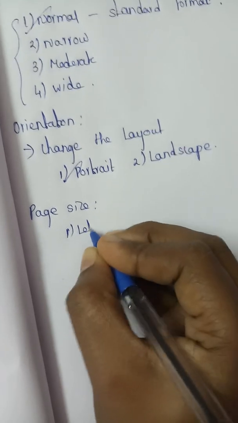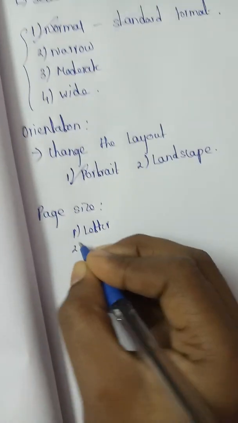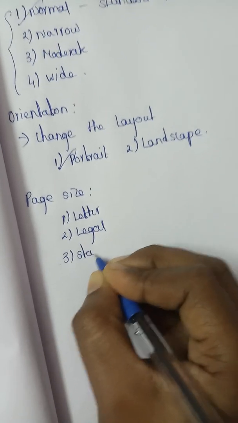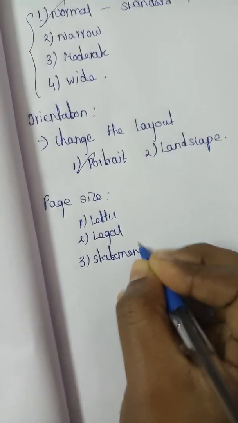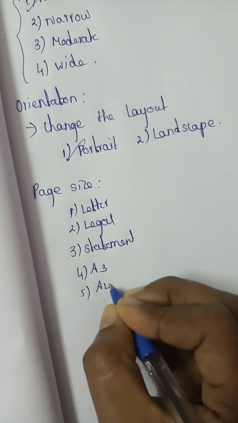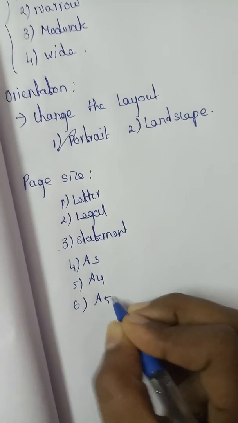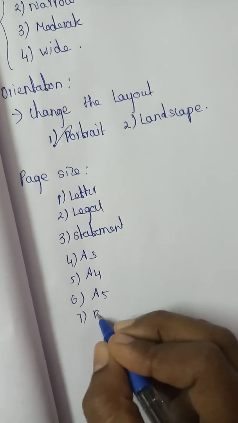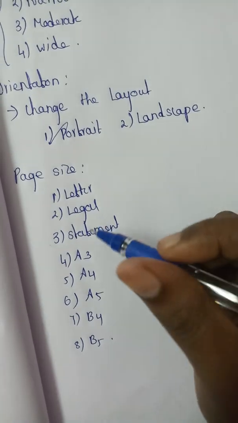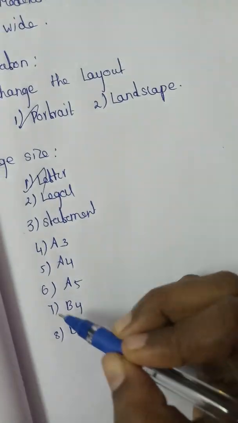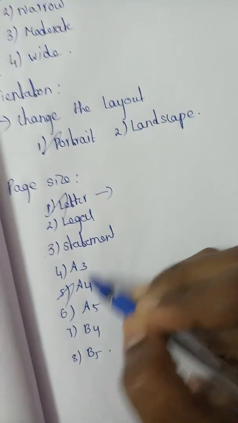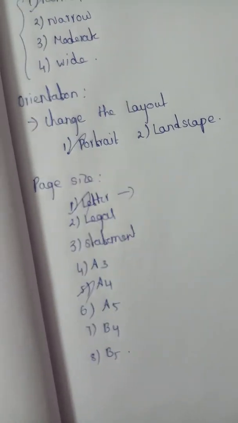The first one is letter, the second one is legal, third one is statement, fourth one is A3 size, fifth one is A4 size, sixth one is A5, seventh one is B4, and the eighth one is B5. The standard format for paper size is letter and A4. Mostly they use A4.